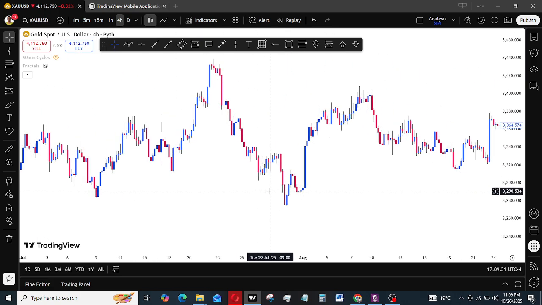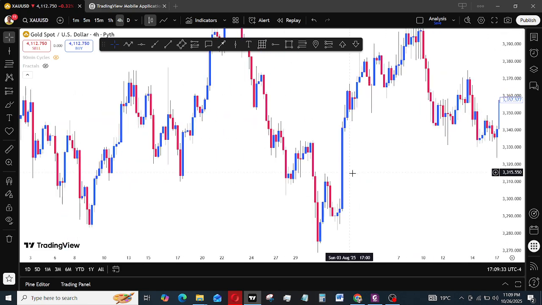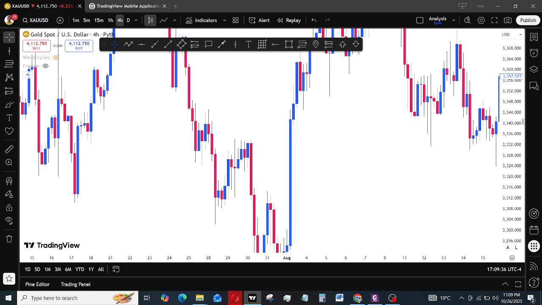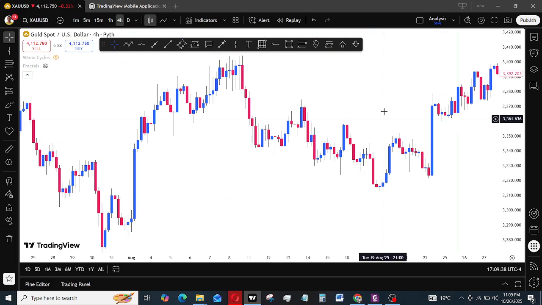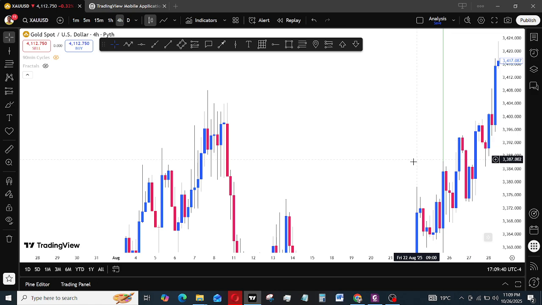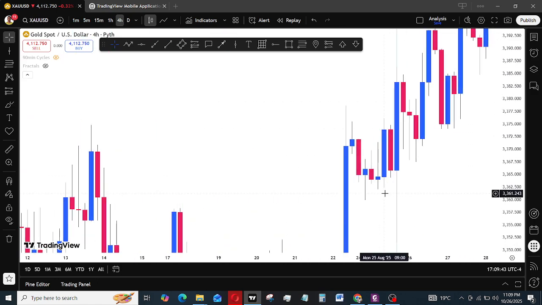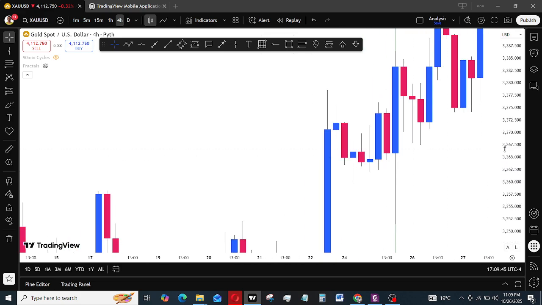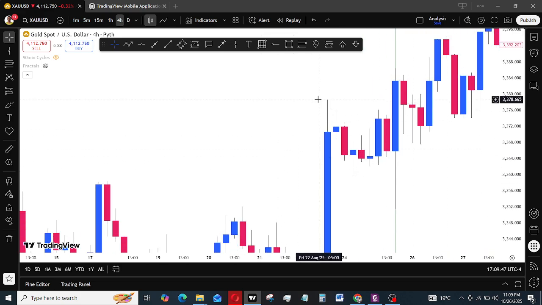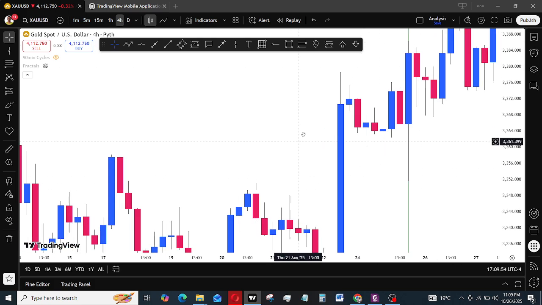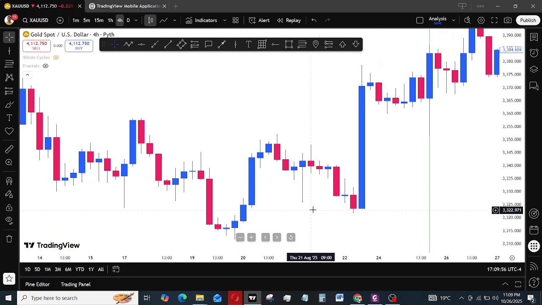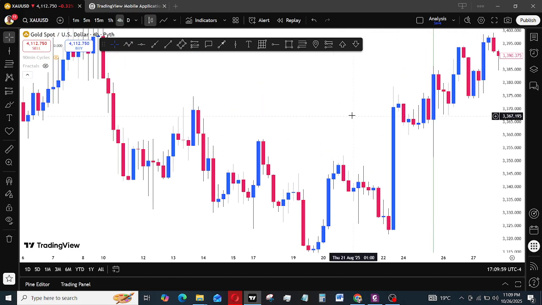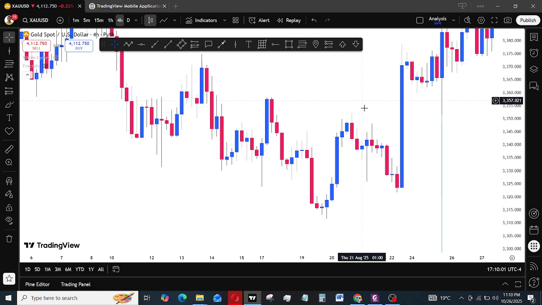So let me start from somewhere from here. As we look at market price, I'm gonna explain everything about the right order block to hold price so that the price can move up. We have these points.